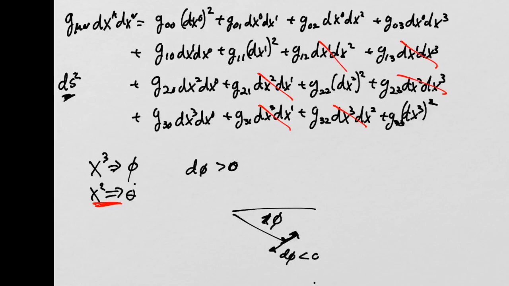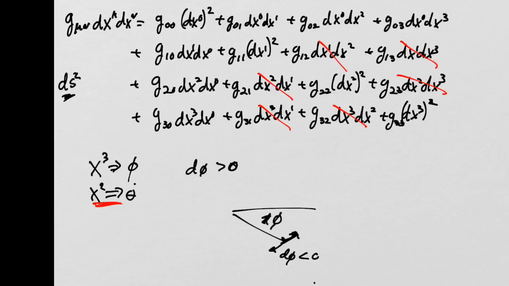Now, on the other hand, it's not completely clear that that would be true for the time direction. In other words, if you change one of the angular variables, what about this time piece? But with a little thought, I think you'll realize that the time ones shouldn't change sign either.